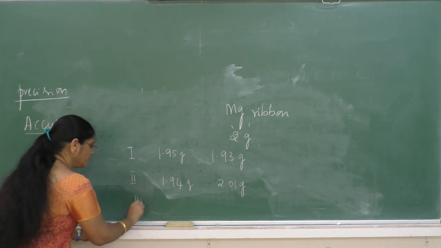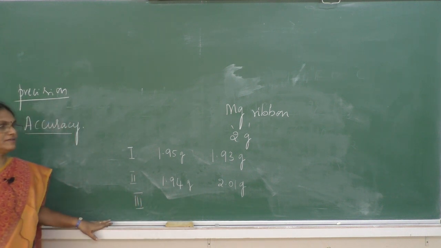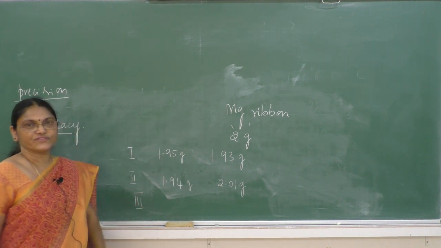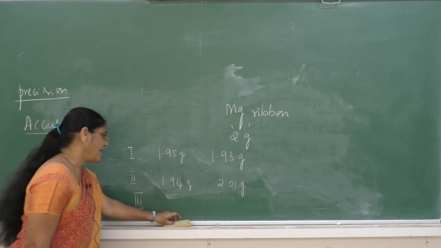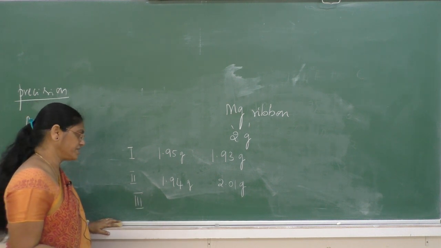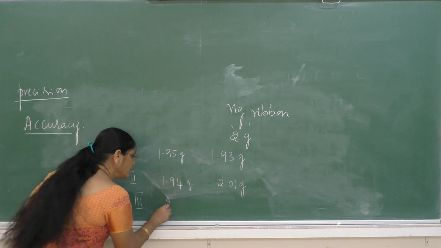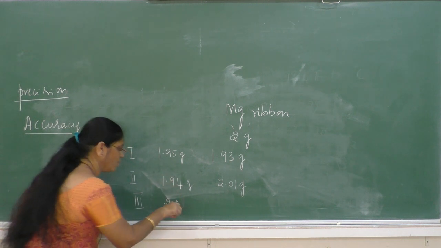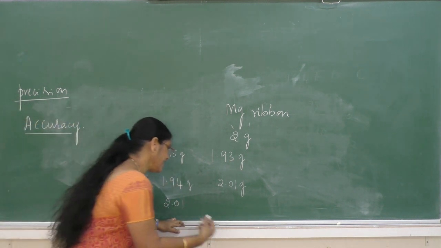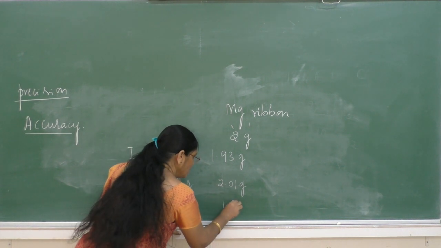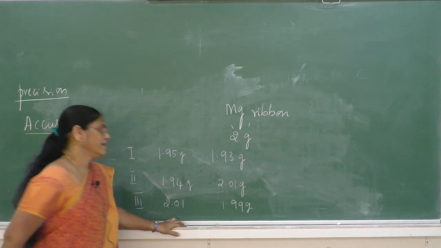The third student measures the mass of the magnesium ribbon and reports in the first measurement 2.01, and in the second measurement he reports 1.99 grams.